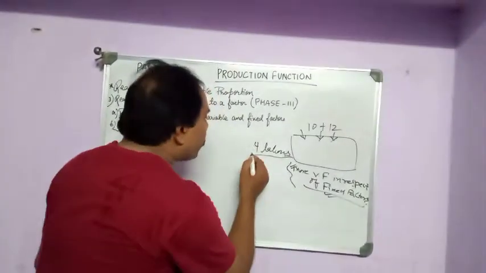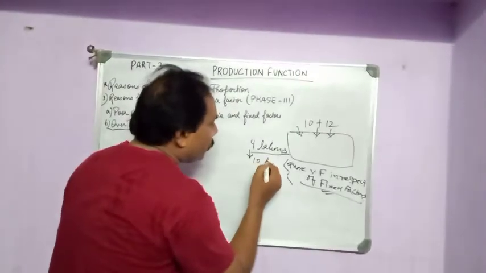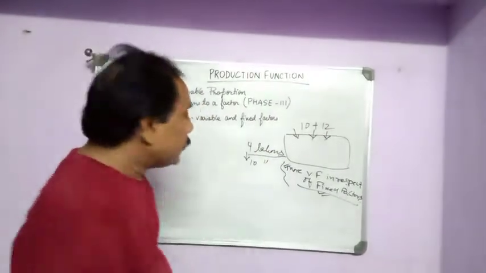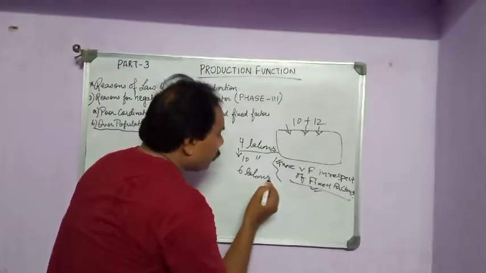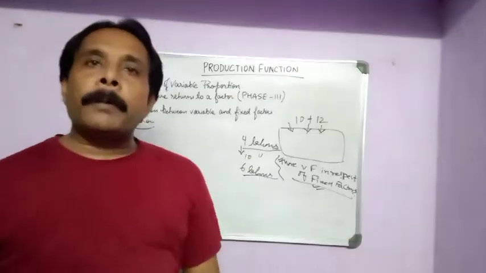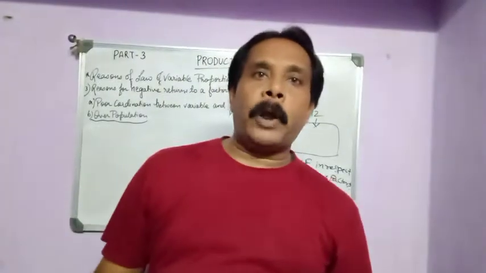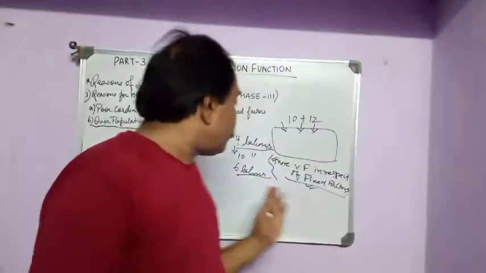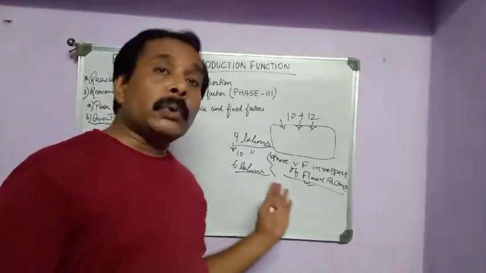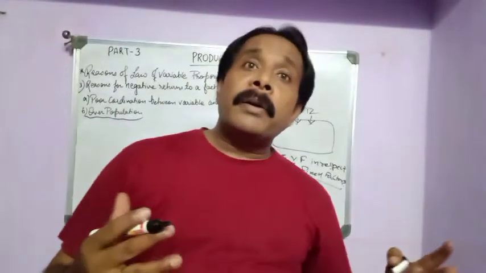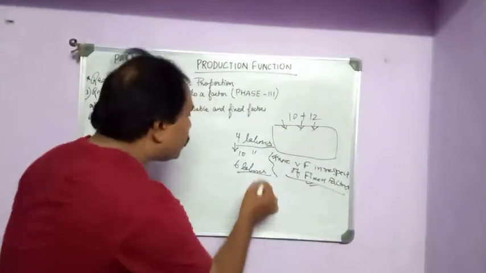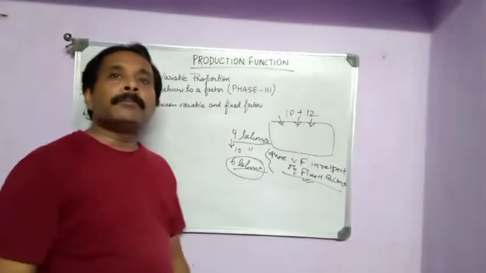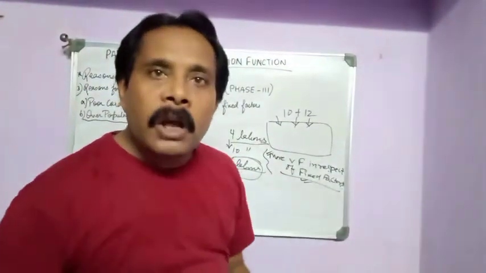But if we apply here 10 laborers, what will happen? 6 labor will work in the form of disguised unemployment. Okay, so they will try to show that they are busy in their work, but if we remove these 6 workers, there will be no change in output.